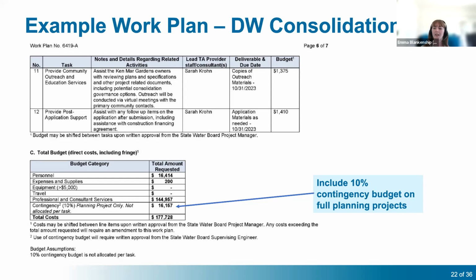And then last here we have the budget table. So I think this is pretty representative of a typical planning budget we might see. And I also want to note that we include a 10% contingency budget on all of our full planning projects.